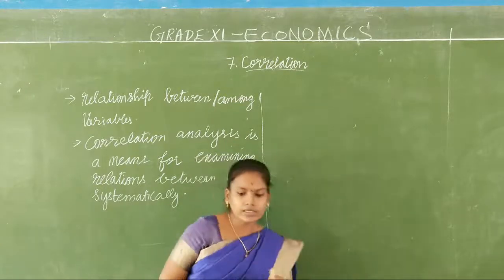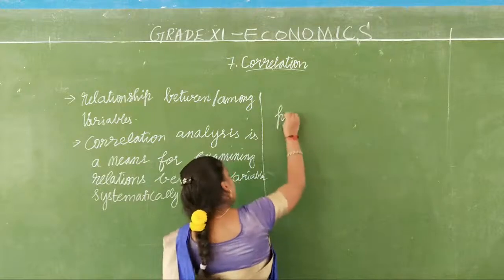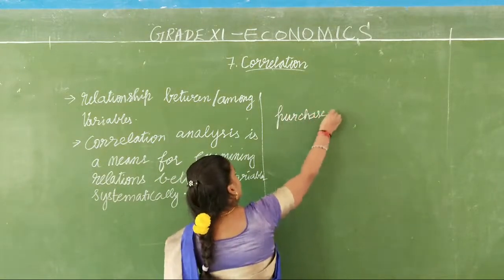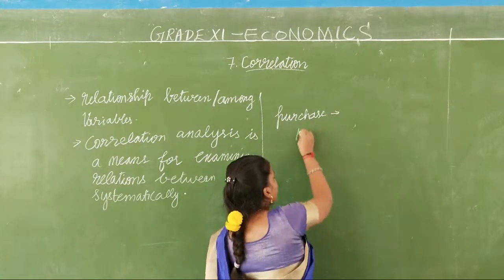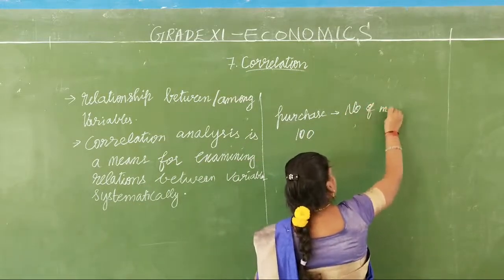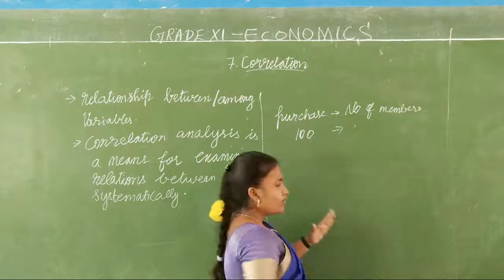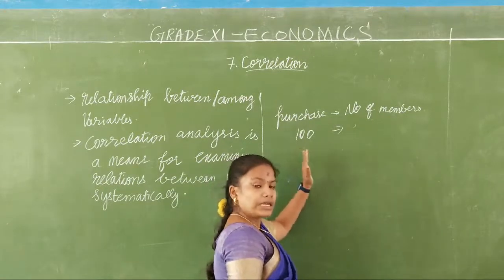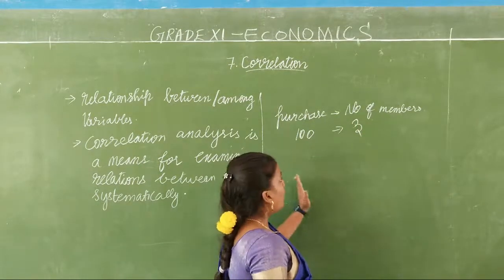A regular customer keeps shopping in your store, a departmental store, or regularly buying your product. So the purchase behavior is there. Usually they purchase for 100 rupees, and it was related to the number of members in their family. They had 3 members in their family, and for that they were shopping for 100 rupees.